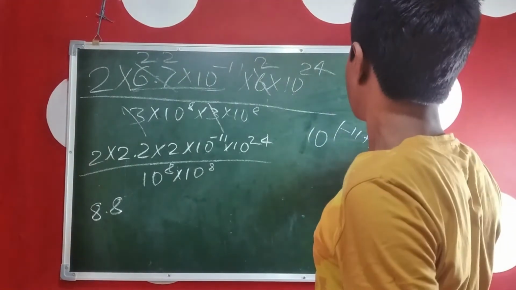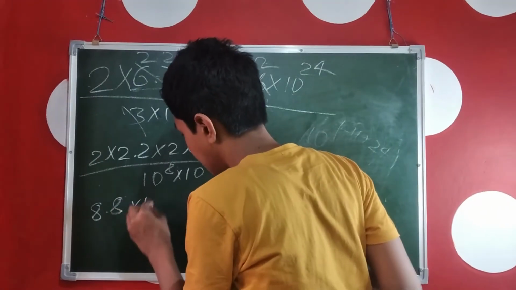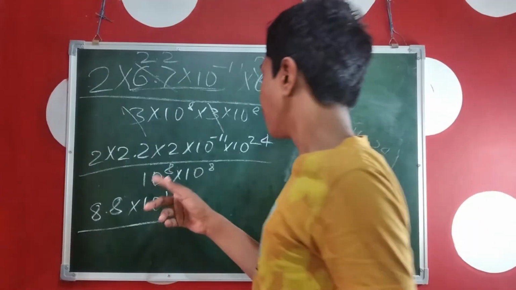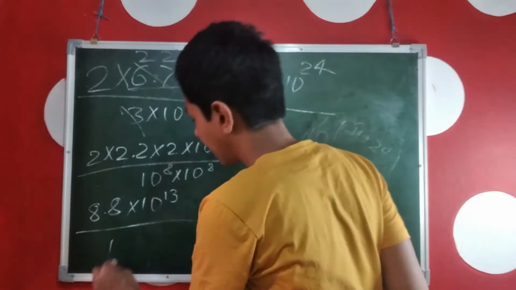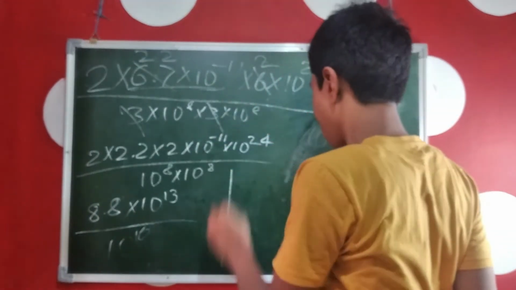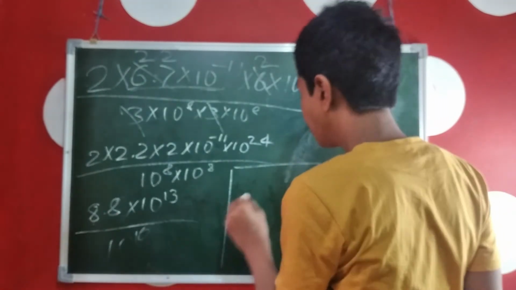Minus 11 plus 24, we all know it's 13. So 10 to the power 13. Same right here, 10 to the power 8 into 10 to the power 8, we can write 10 to the power 16.